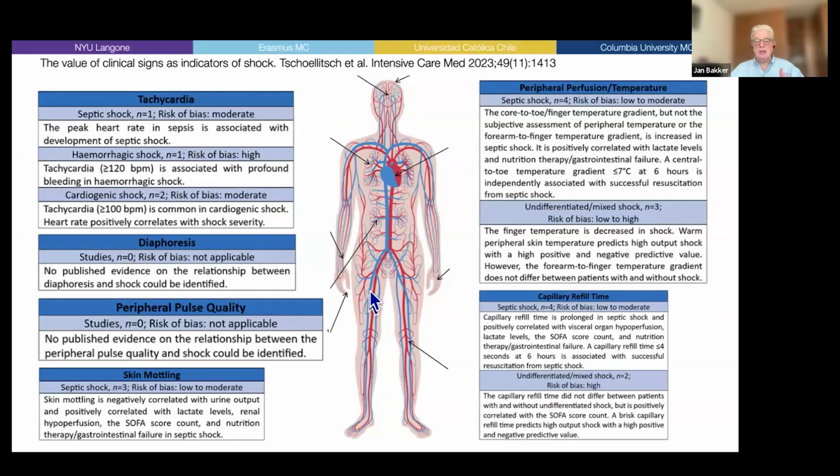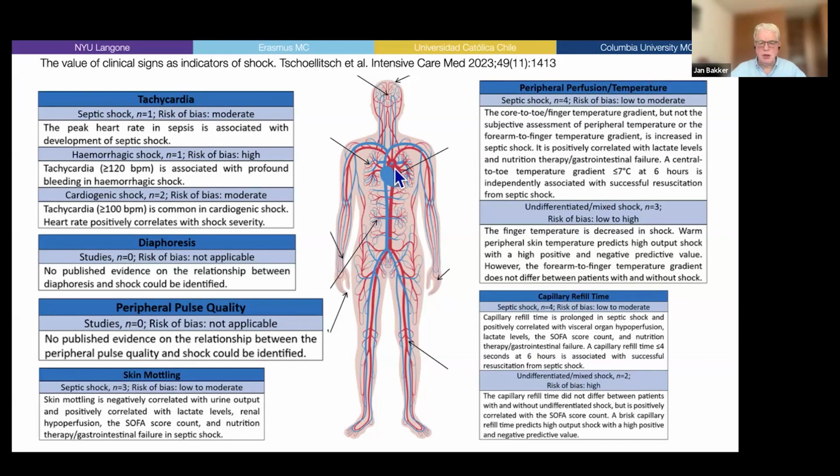And finally they came up with, basically, that abnormal peripheral perfusion parameters, like capillary refill time, are the only proven parameters to be of any value in the assessment of shock.